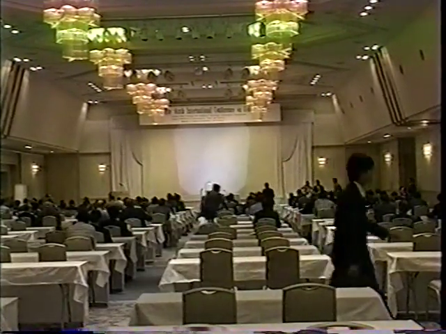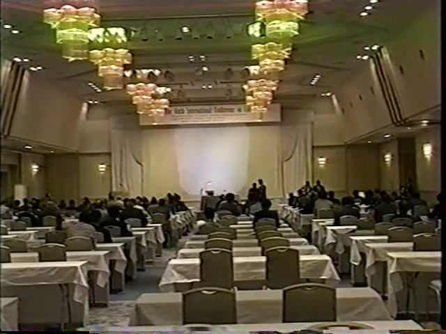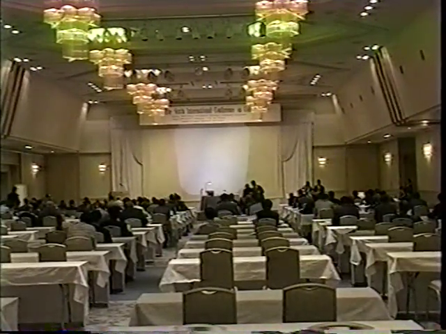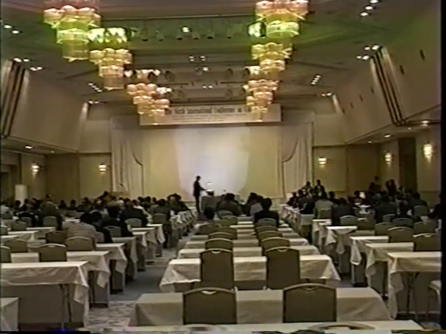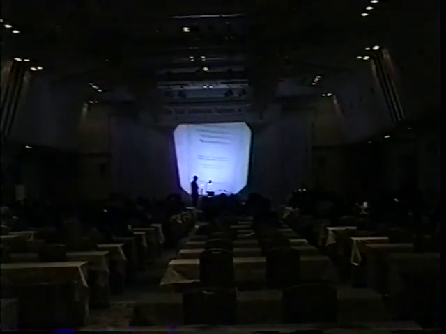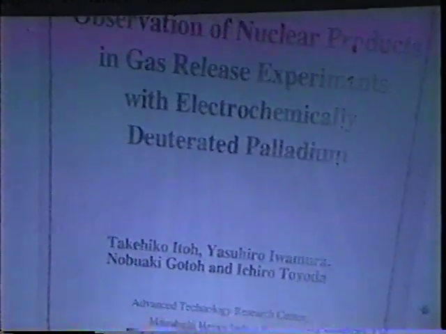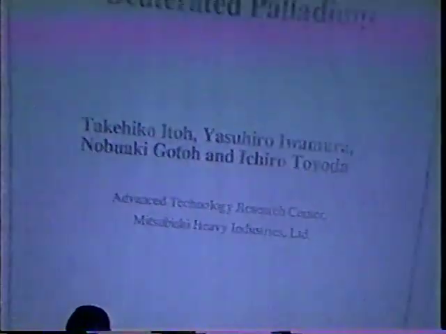P64, observation of nuclear product in gas release experiment with electrochemical deuterium palladium, presented by Makoto Yamura, Koto, and Toyoda. We previously reported on a mass number 5 gas increase in a gas release experiment with electrochemically deuterated palladium.